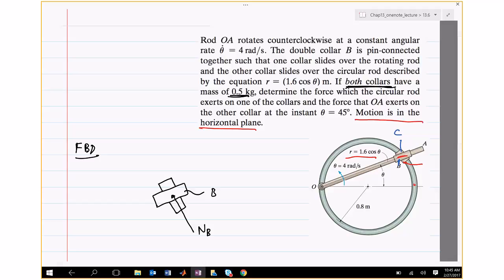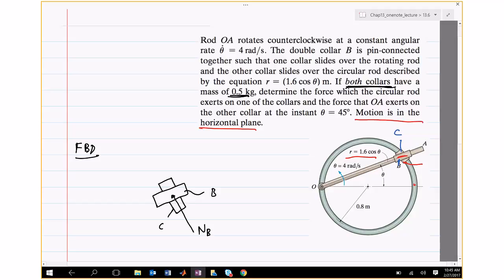So for collar C, which is this, it's sliding along the circular rod, right? So when it's sliding on the circular rod, the force acting along the motion is going to be zero unless there's friction, but there's no friction. So there's some force which is holding the collar in place on the circular loop. And that force is the normal force.